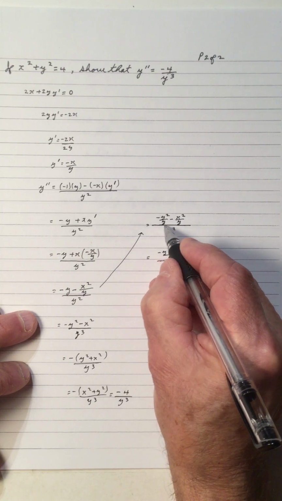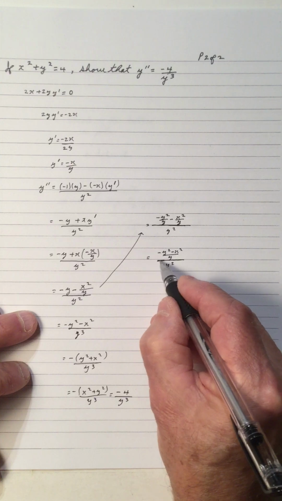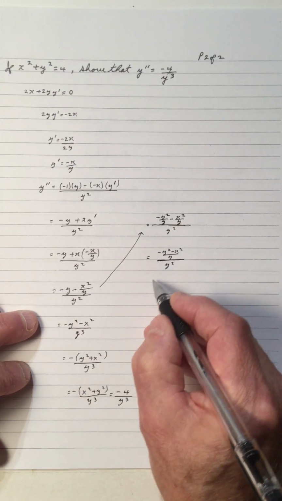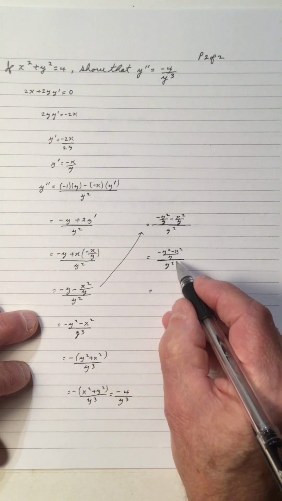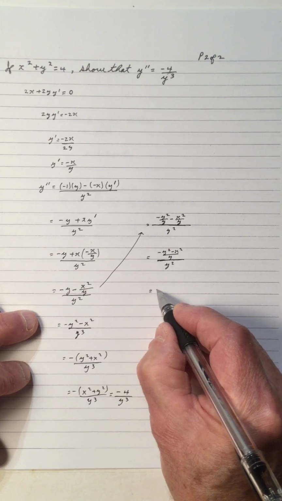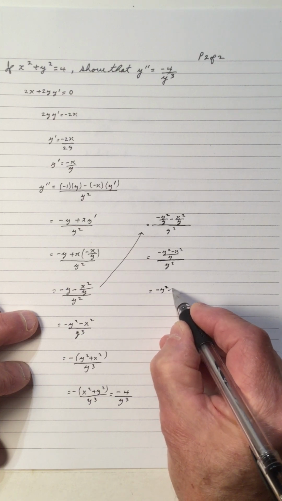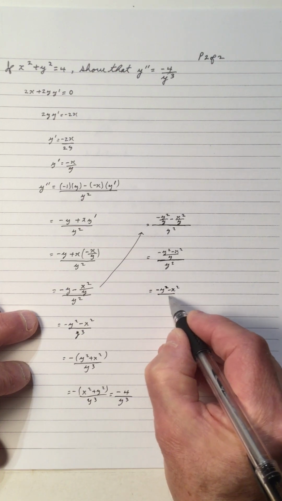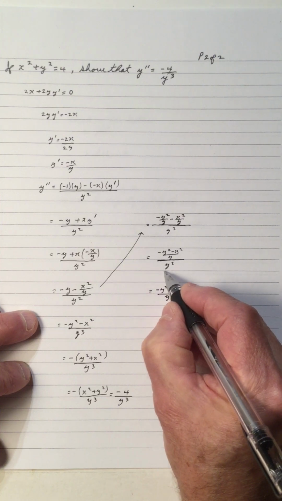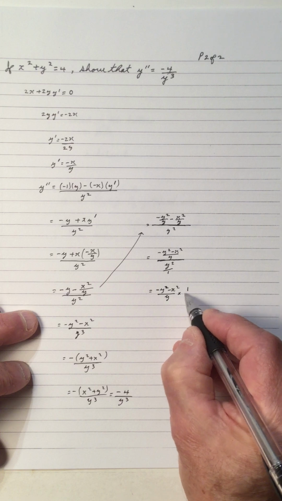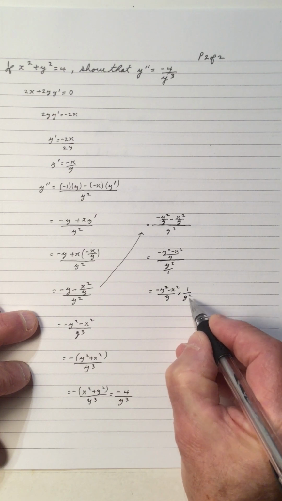There is a long line there now, the line separating the numerator, which is a fraction, and the denominator. So we have negative y squared minus x squared over y, and the y squared is over 1, so we multiply by the reciprocal, which is 1 over y squared.